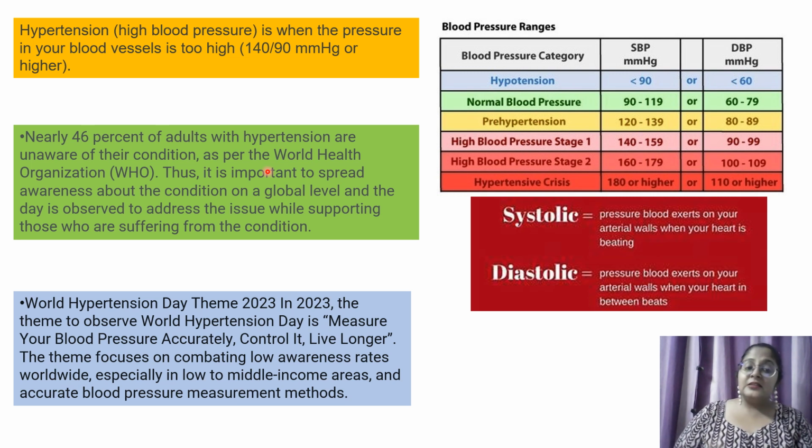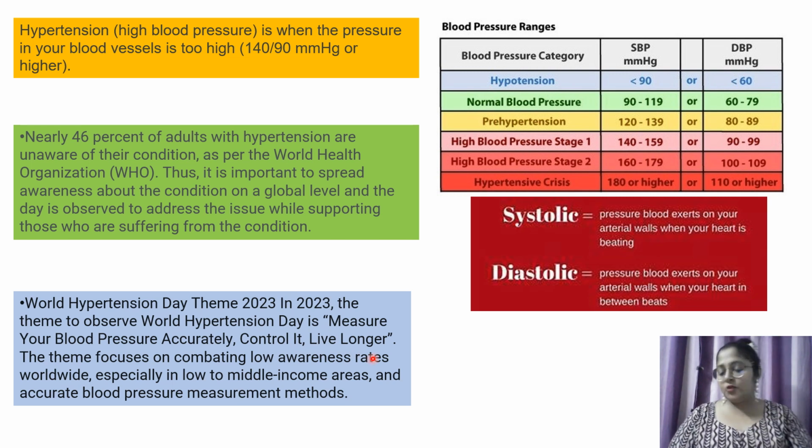This is why the 17th of May is observed, as at least a day to observe the global issue and support the people who are suffering from this condition. So the World Hypertension Day theme 2023 is based on this unawareness: measure your blood pressure accurately, control it, and live longer.